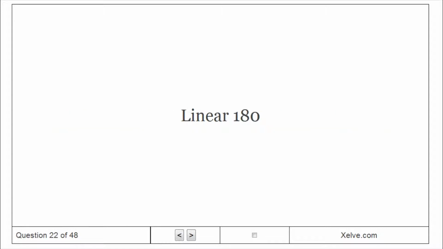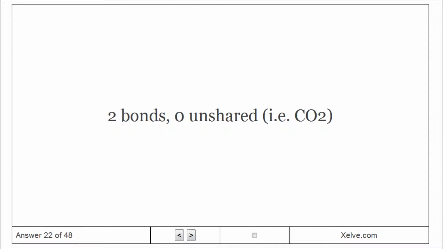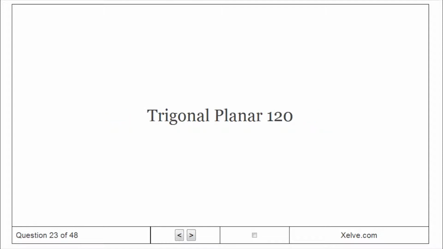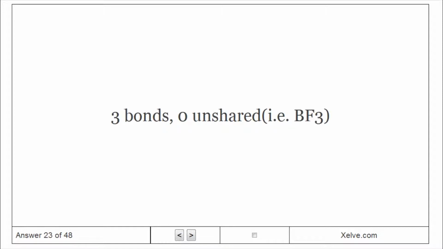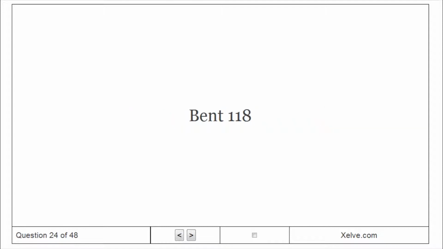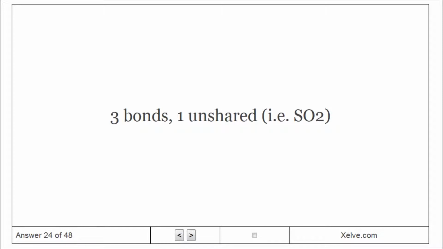Linear 180: 2 bonds, 0 unshared. Trigonal planar 120: 3 bonds, 0 unshared. Bent 118: 3 bonds, 1 unshared.